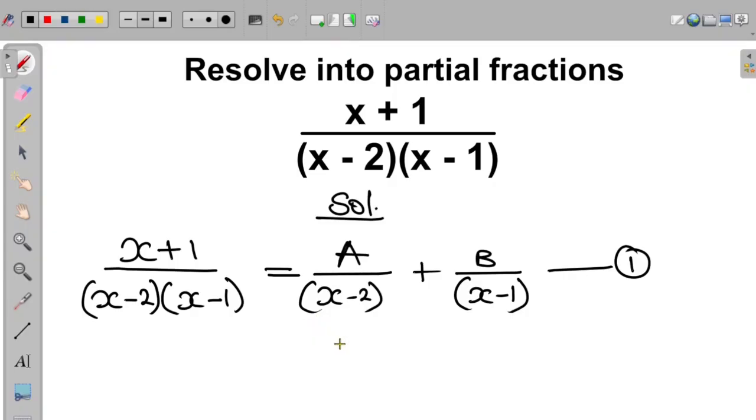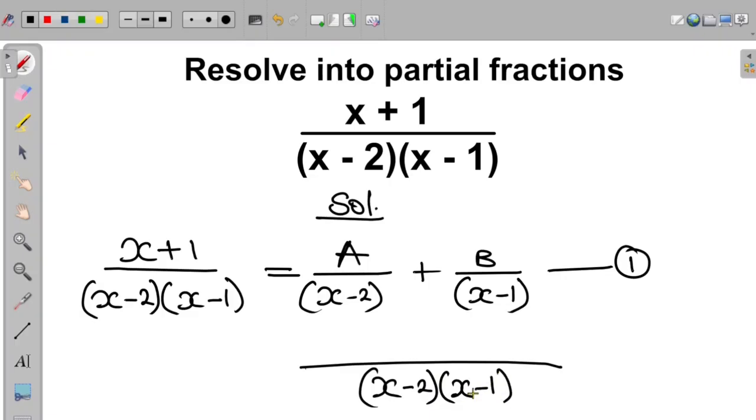Now, the next step is to take the LCM at the right hand side. So if we take the LCM, we have that this is (x - 2) multiplied by (x - 1). Having taken the LCM, the numerator now becomes A(x - 1) + B(x - 2).